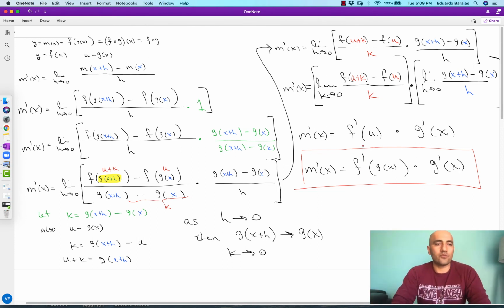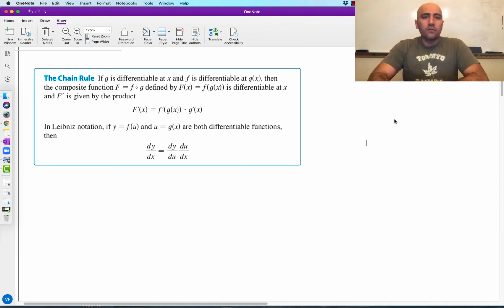Okay, so here's what it looks like in a boxed up rule that your author gives you. So finally, we get to the chain rule. This is the boxed up version that your author presents to you.